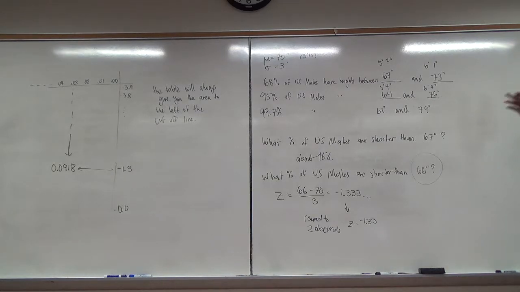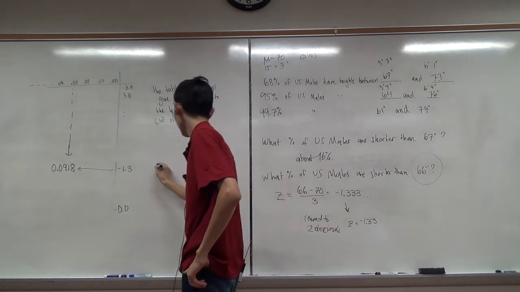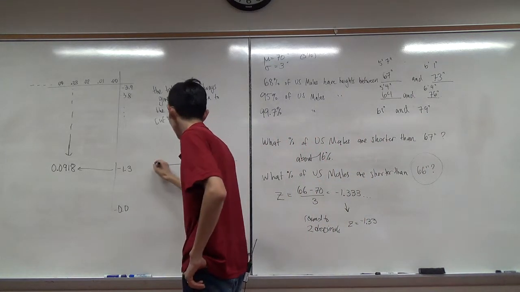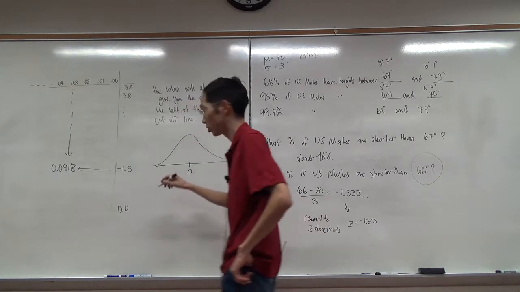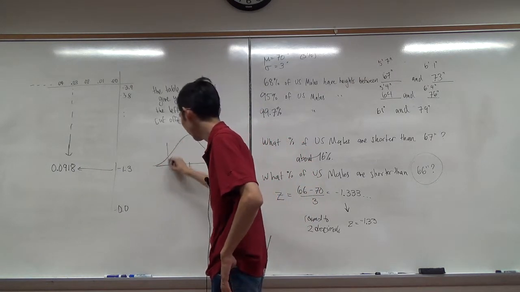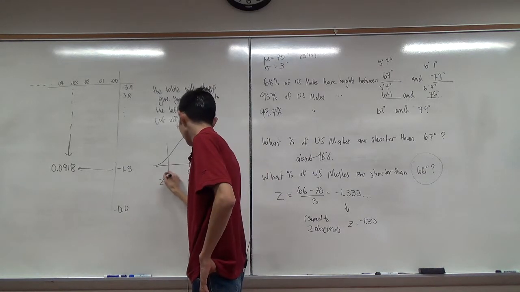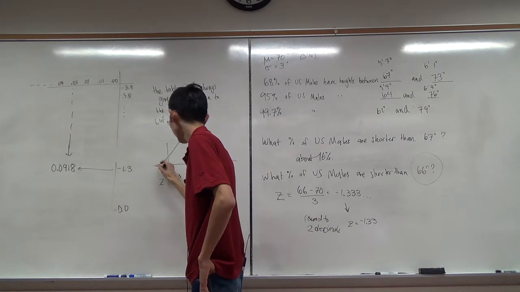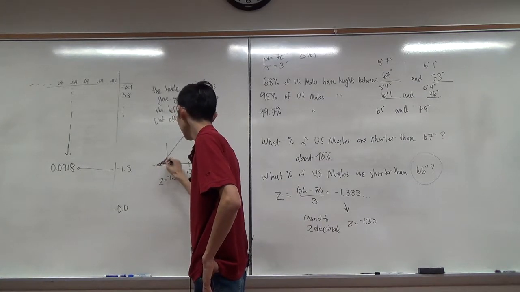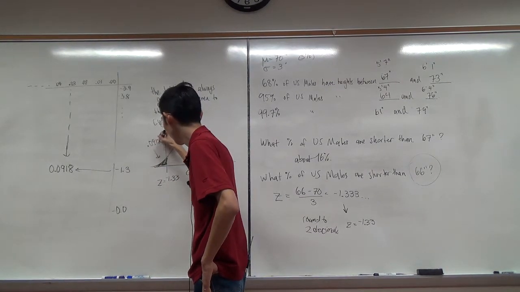So anyway, the table always gives you the area to the left of the cutoff line, and so what we are essentially saying is that I have a normal model, and we're graphing z-scores. If I make a cutoff line at z equal to negative 1.33, and I shade everything to the left of that, the amount that I have shaded is 0.0918.